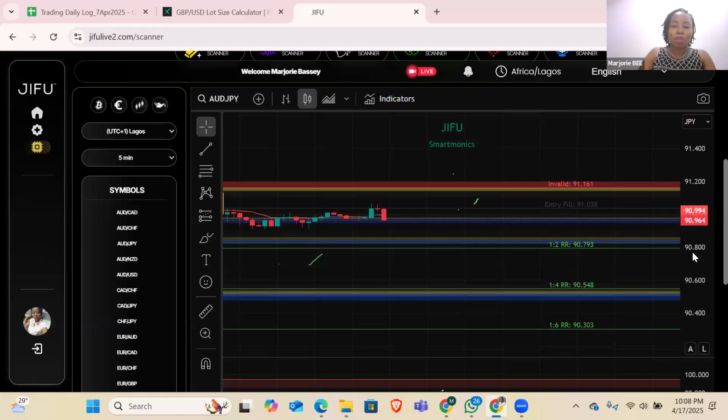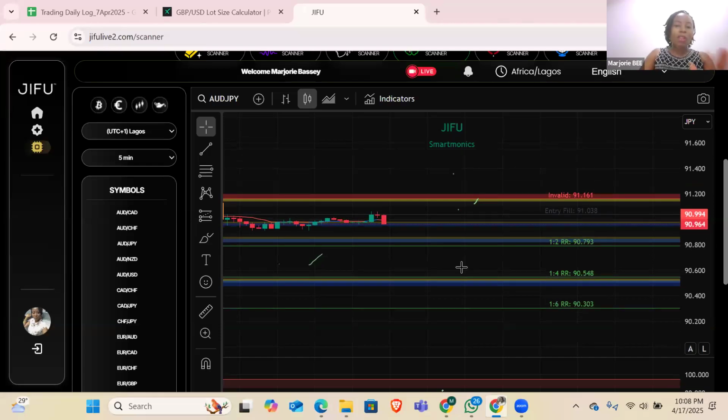They are like road blocks, all these blue zones, the demand zones. The market can come here, hit TP1, and start reversing. So when you see a setup like this, you can just set your profit target, let it hit the 1 to 2 RR, and then it can go.